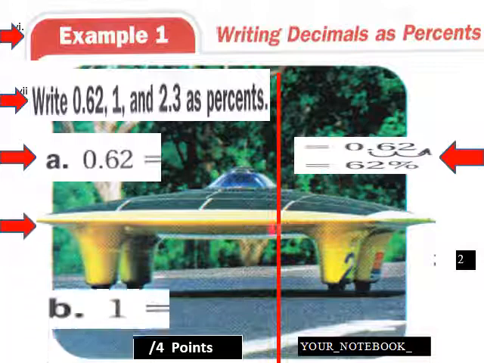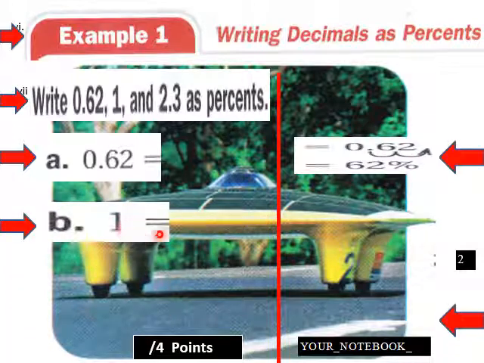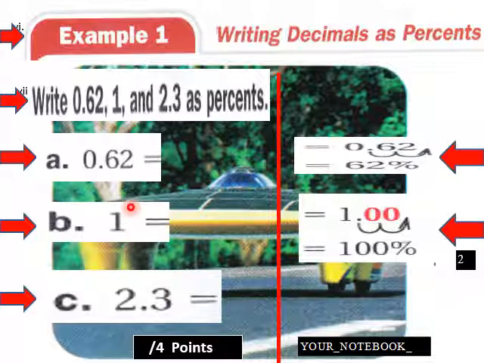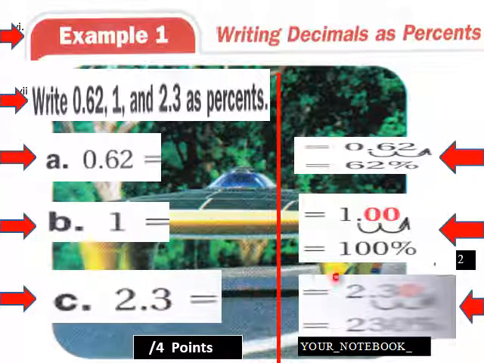For B here, 1, again, we move our decimal to the right 2 places, and then use a percent sign. So 1 equals 100%. And then 2.3, again, we move our decimal to the right 2 places, and then use a percent sign. So this would be 230%.